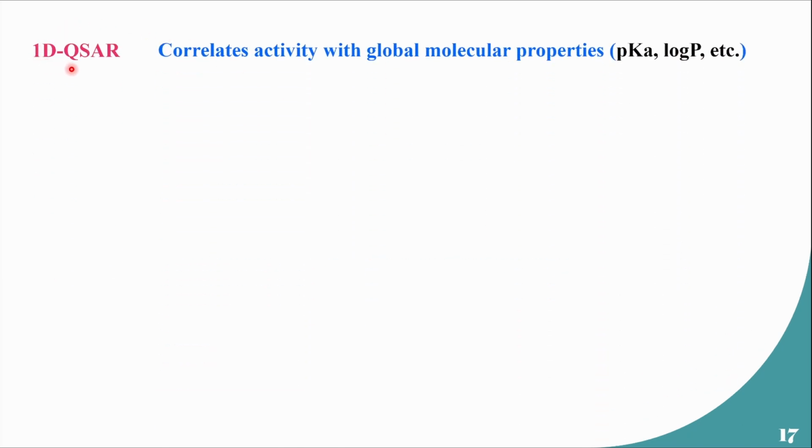But anyway, if you look at the different types of QSAR, firstly, the 1D QSAR correlates activity with some global molecular properties, for example, pKa, log P, etc. So it correlates the activity with different types of global properties, and that's how it gets the structure activity relationship there.